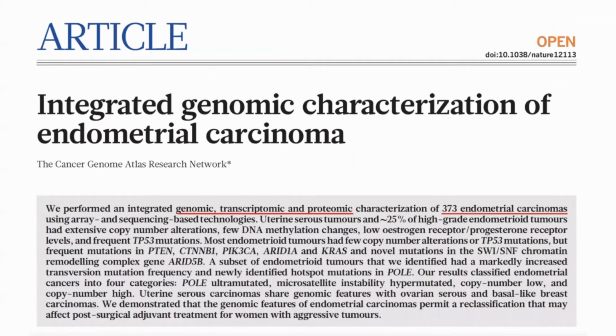So TCGA, a few years back, probably now 15 years back or more, looking at 373 endometrial carcinomas, performed genomic, transcriptomic, and proteomic analysis, and divided endometrial carcinoma into 4 subtypes: the POLE ultramutated, the MSI hypermutated, copy number low, which is non-specific molecular profile, and copy number high.